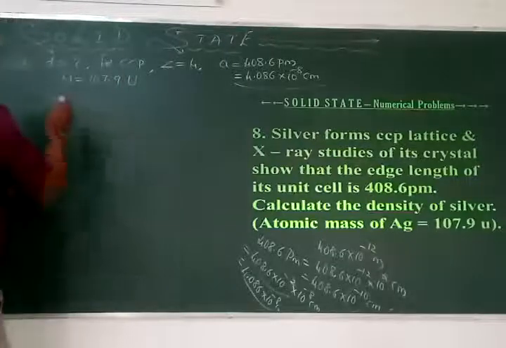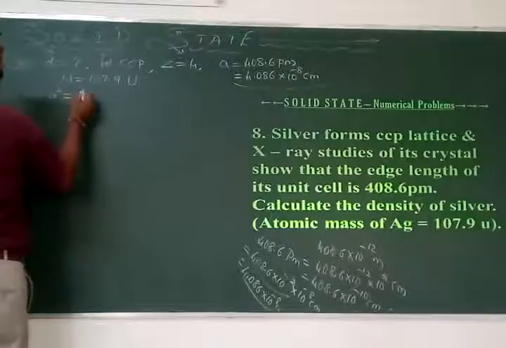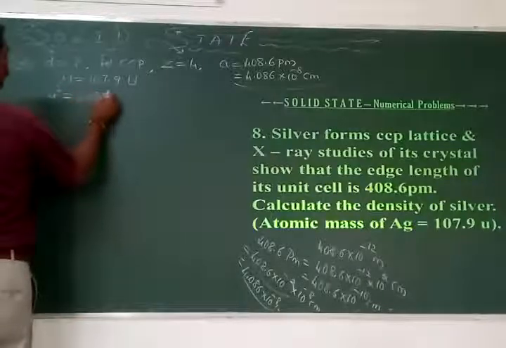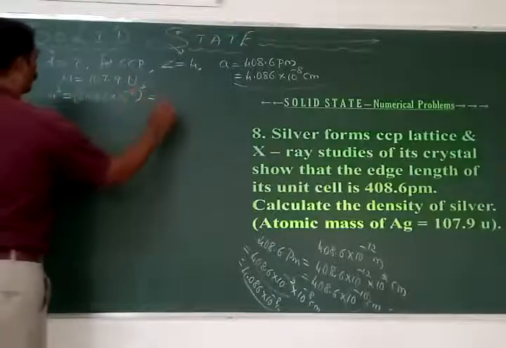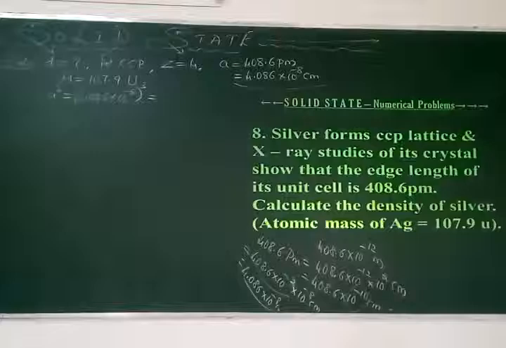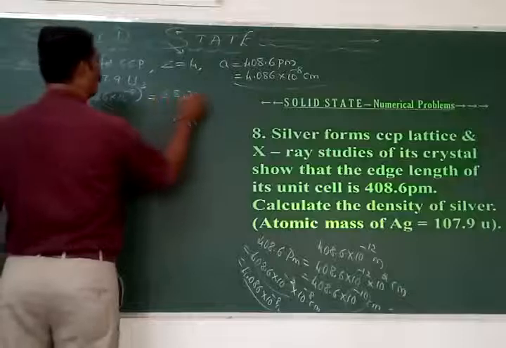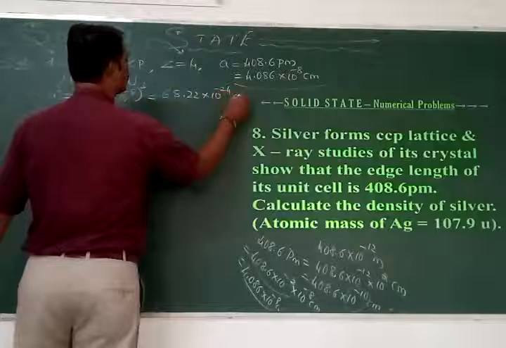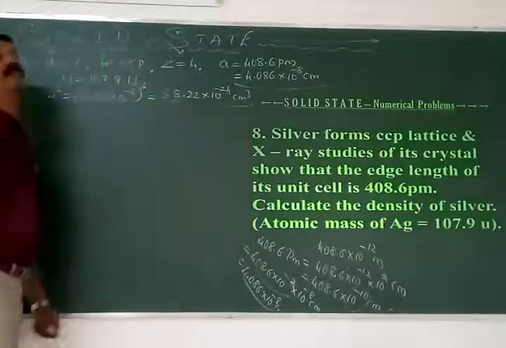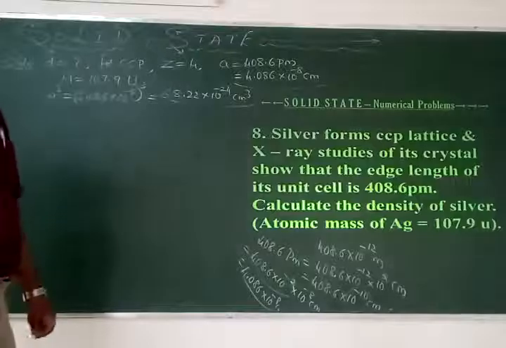So that is the value of A. Therefore, what is A cube here? Because we need the volume also, or A cube. It is 4.086 into 10 to the power of minus 8 in whole cube. That is equal to 68.22 into 10 to the power of minus 24 cm cube, because in the formula we have d is equal to Zm by A cube into Na.